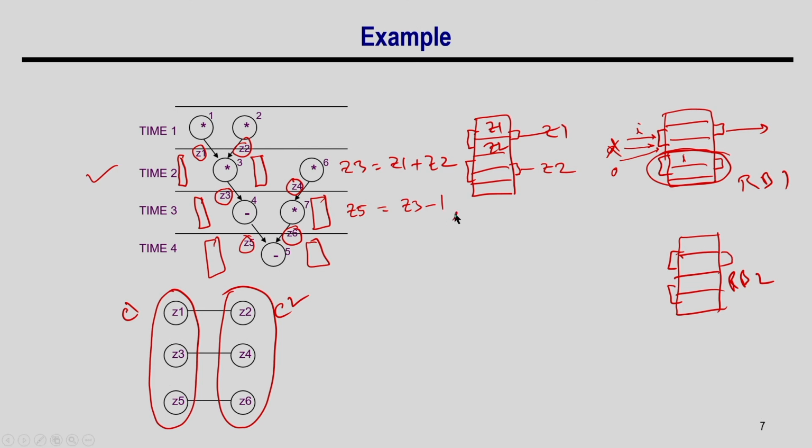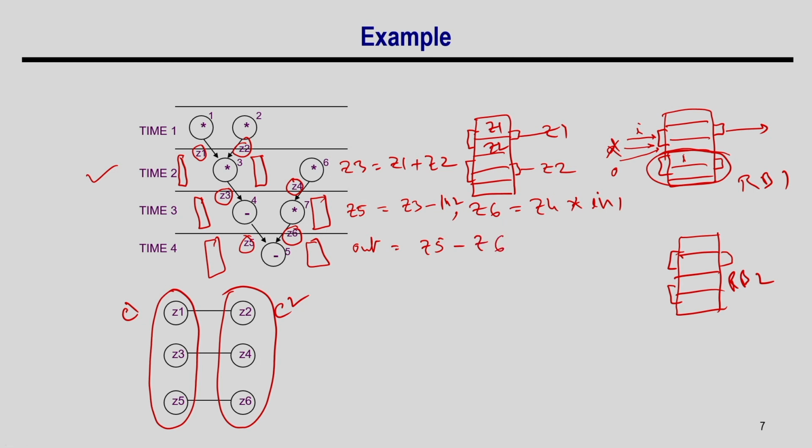So, forget about that part. Then Z6 equal to, say, Z4 star something, some input, right. So, this is input 2, because inputs are not mapped to registers; we are only bothered with the temporaries. And here it is happening, say, out equal to Z5 minus Z6, right. This is what is happening in these operations.